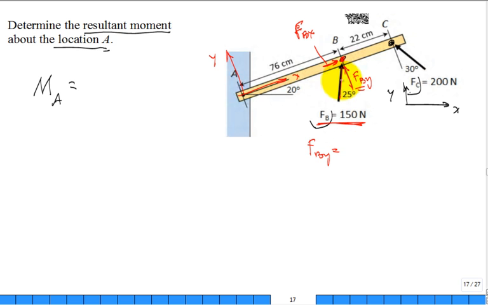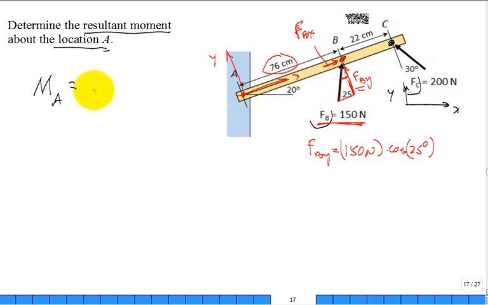Isn't that going to be, this is that angle right there. You get a right triangle. Oh, you're going to get good at right triangles, aren't we? So this will be 150 newtons times the cosine of 25 degrees. And so if I wanted to calculate the moment of this 150 Newton force, F_B, around point A, this is that moment arm distance, that perpendicular distance.